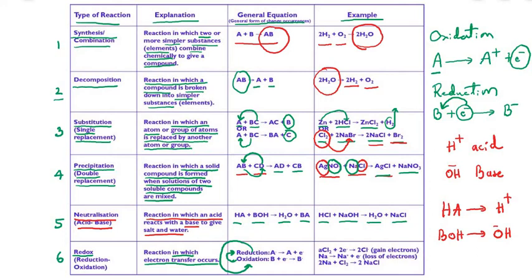I repeat it once again, students. A species in which there is a loss of electrons is called oxidation, and a species in which there is a gain of electrons is called reduction. Is it clear, students? Here you can see they have mentioned a simple example. Na will be losing an electron to form Na plus, that is loss of electrons, right?